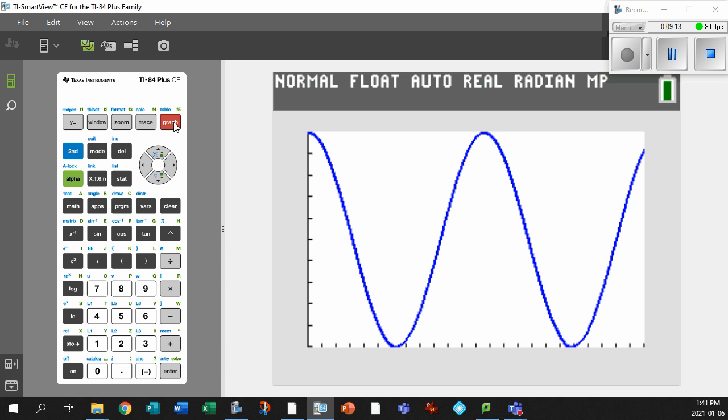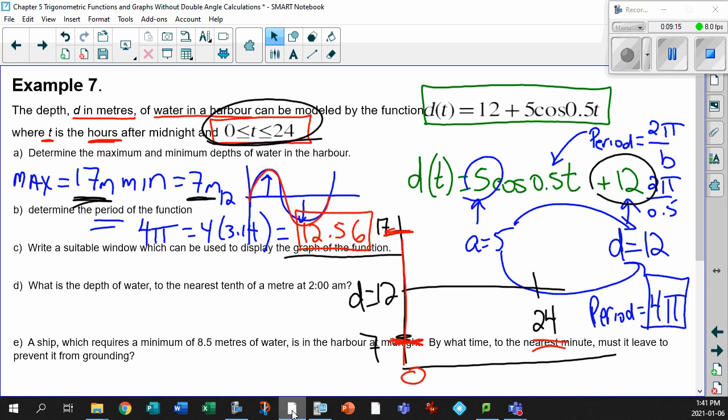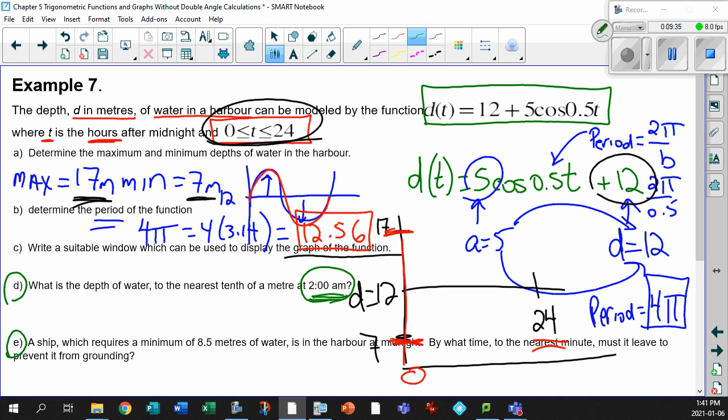Okay, now, here we go. What is the depth of the water? Now they can ask you a whole bunch of questions. What is the depth of the water to the nearest meter at 2 o'clock in the morning? Well, why even waste your time figuring this out algebraically? You just spent a whole bunch of time putting it into your graphing calculator, so find me 2 o'clock in the morning. But be careful. Being that this is 24 hours, you're on a 24-hour clock.